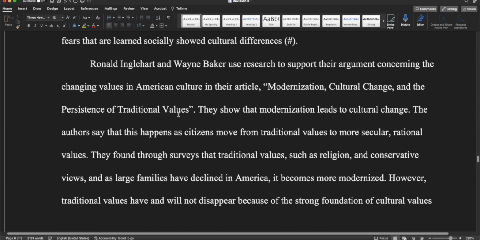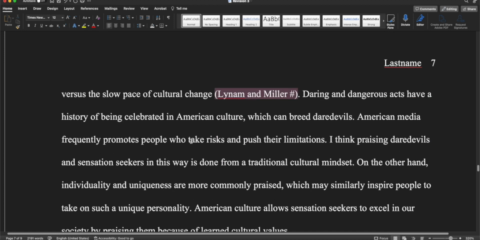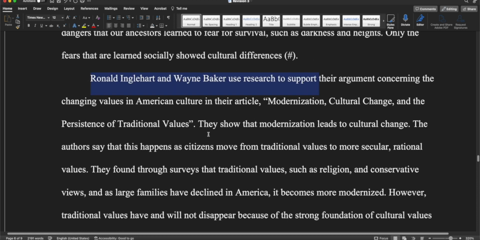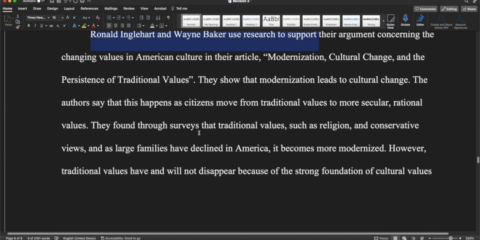Wayne Baker. So this is one where I might not delete because of Engelhart and Baker, this article. Again, we want punctuation inside for quotation marks, outside for parentheses.